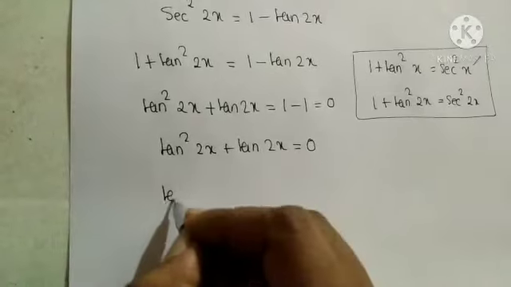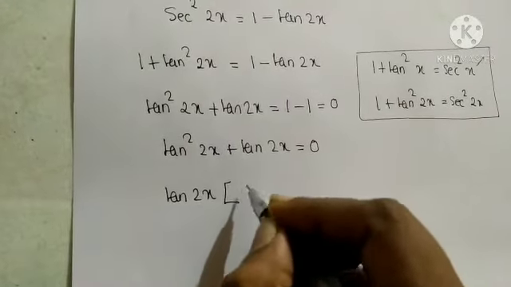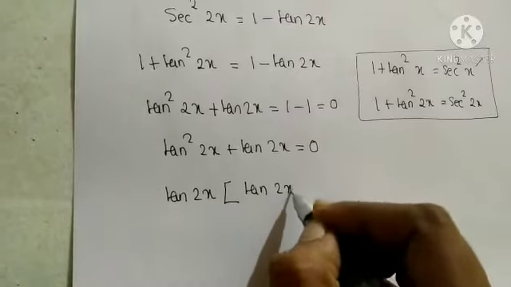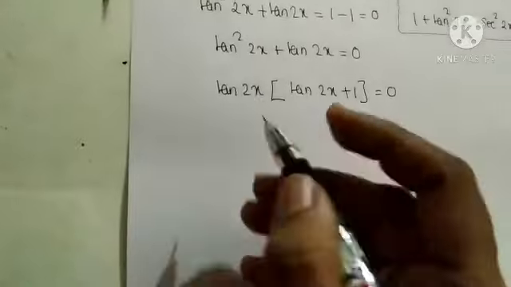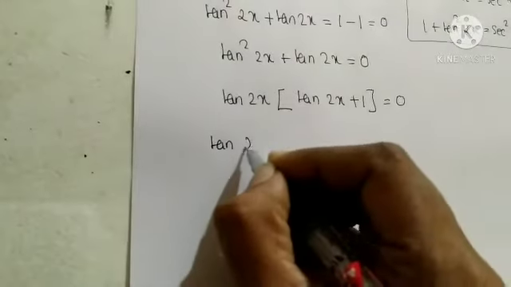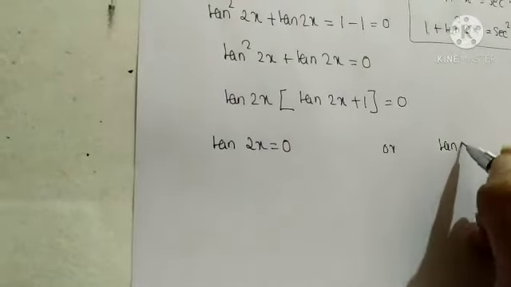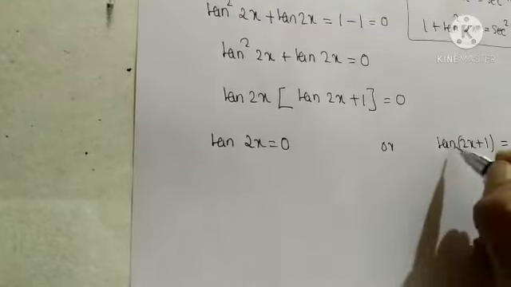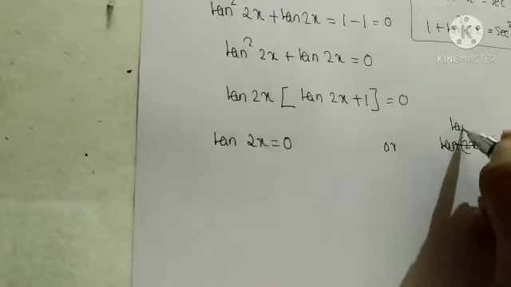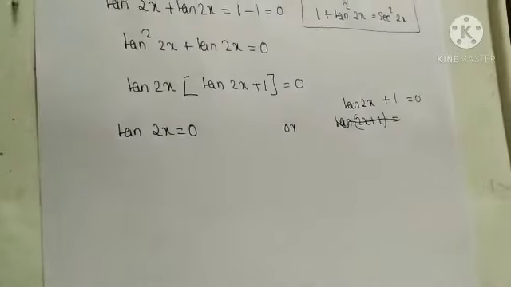Here tan 2x is common, so taking tan 2x outside, we get tan 2x into tan 2x plus 1 equal to 0. So either tan 2x equal to 0 or tan 2x plus 1 equal to 0.